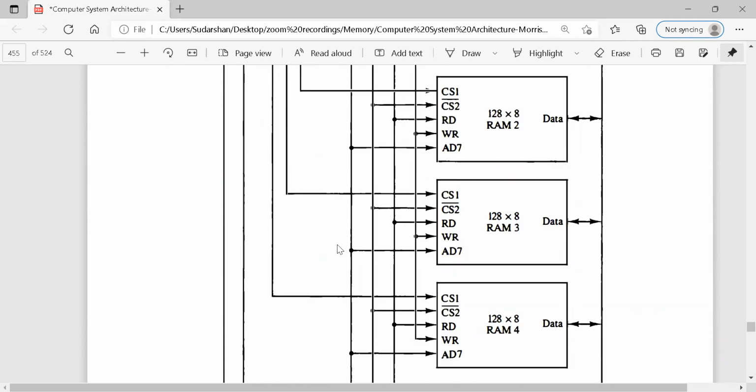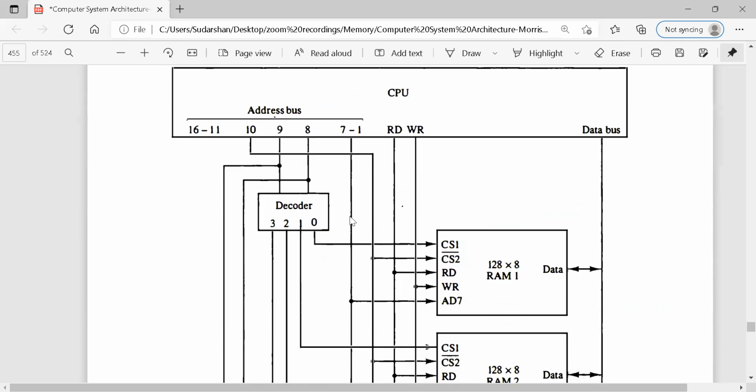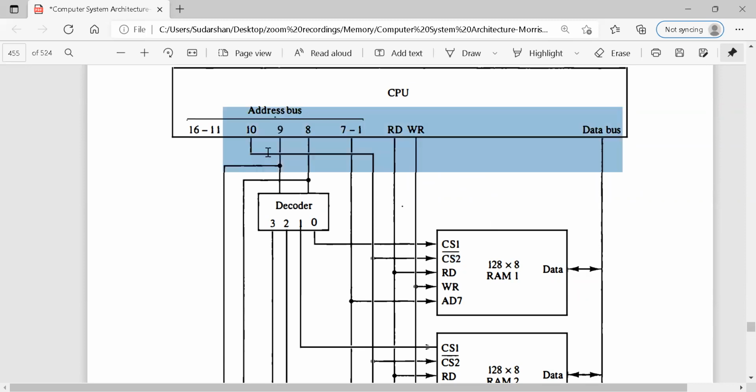The 10th bit is meant to decide on your chip select 2, CS2. As I mentioned before, are you going to select RAM or ROM? Look at here. If the 10th bit is going to be 0, see the arrow mark or my cursor position, it goes to CS2. What is 0 bar? 1.